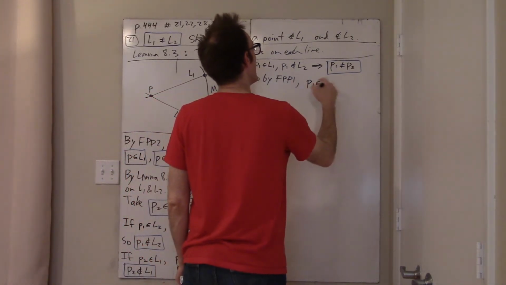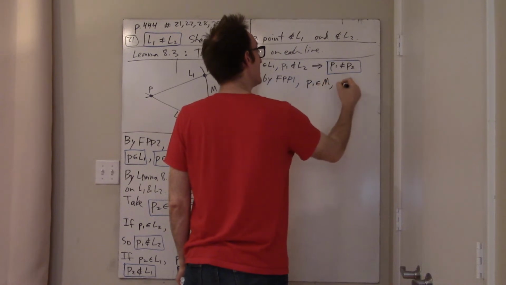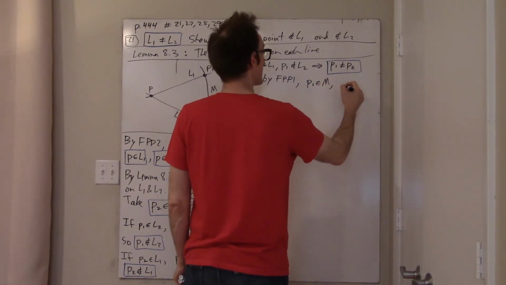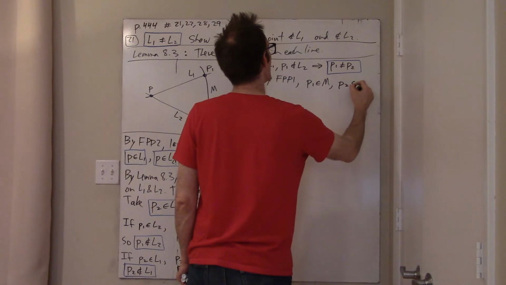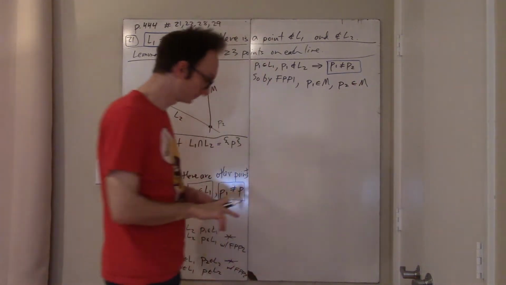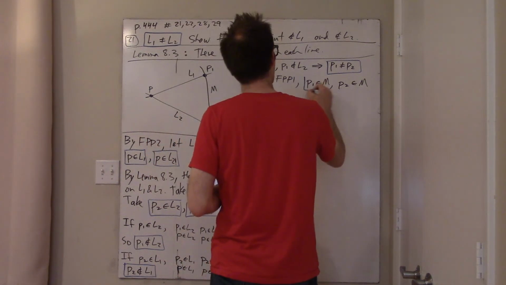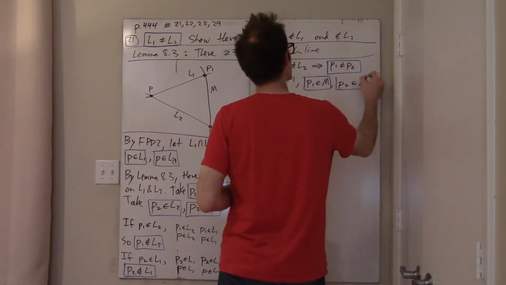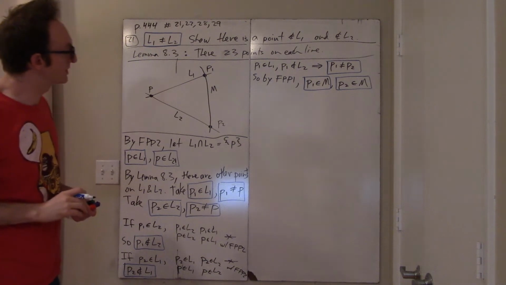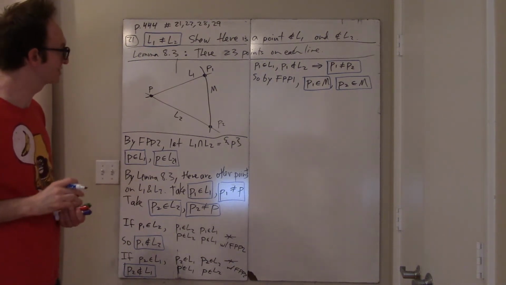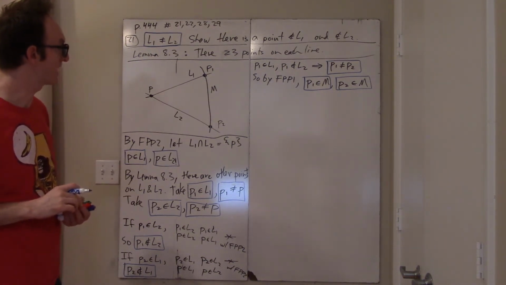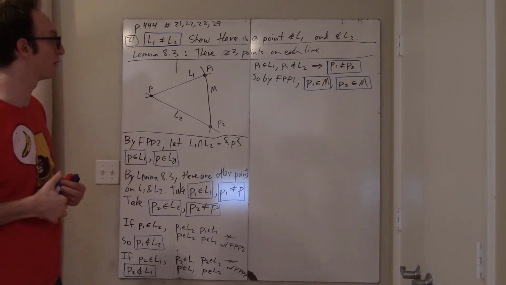So there, P1 is on some line M, and P2 is also on some line M. Okay, great. What now? Well, now, although this seems silly, I think I should immediately show that M is not either of L1 or L2.